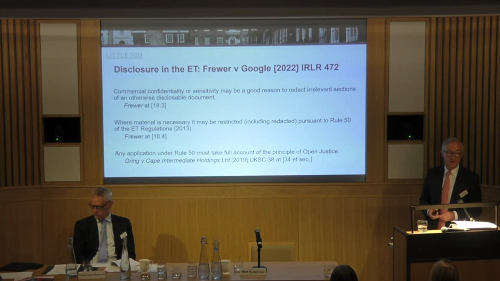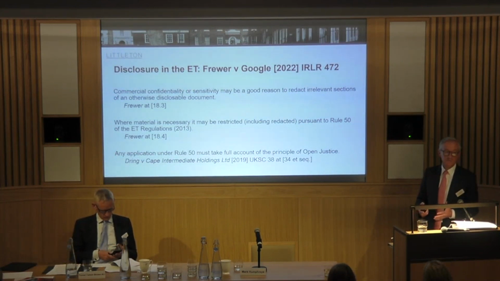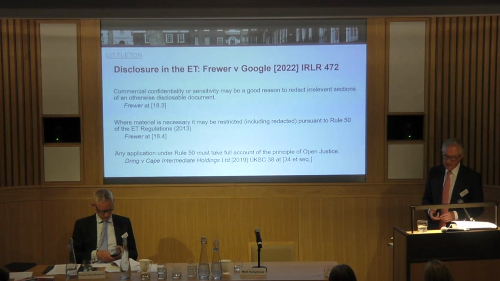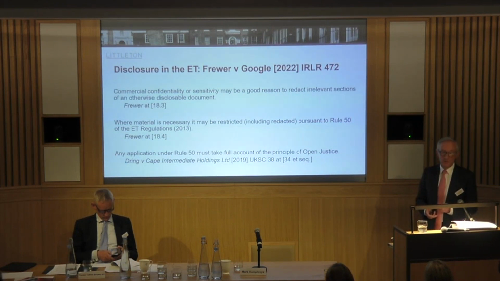So the starting point is that these things are done in the open with public access to the documents and the proceedings in court. And Dring and Cape Intermediate Holdings that I've cited there, particularly from paragraph 34 onwards in the Supreme Court, is a really good summary of the principles.